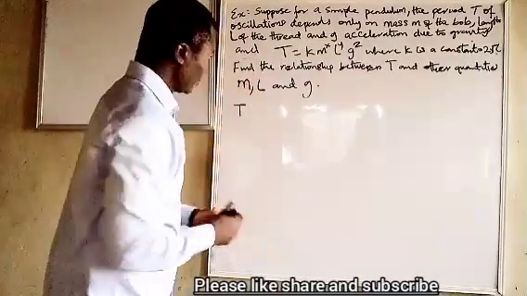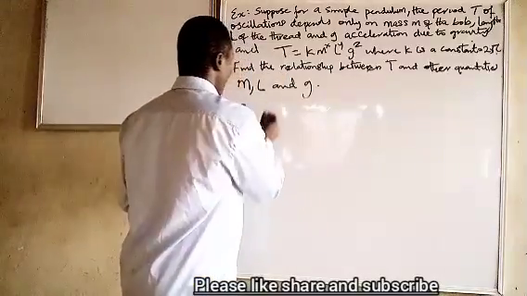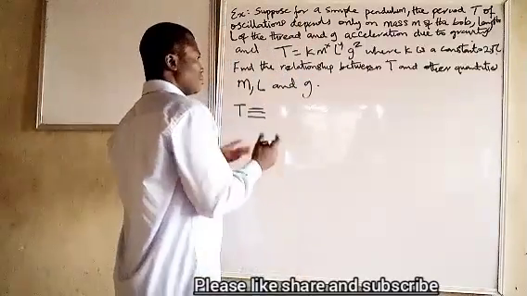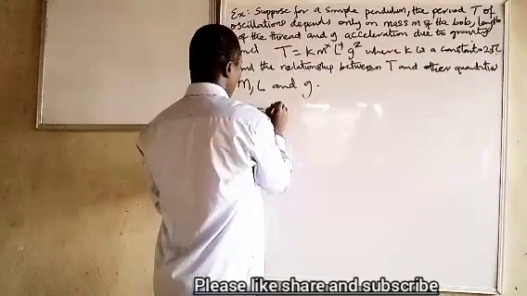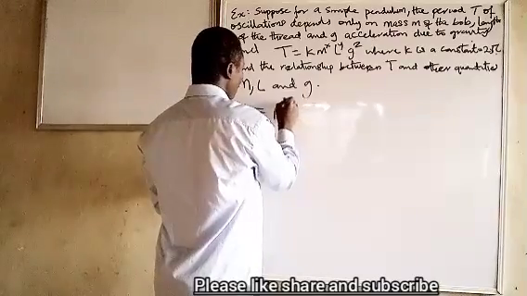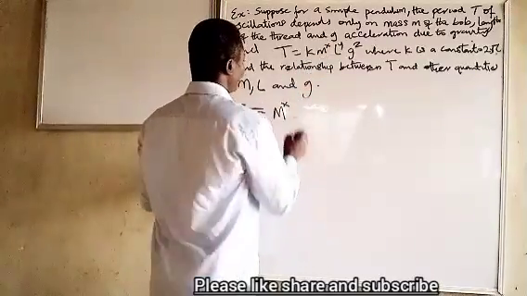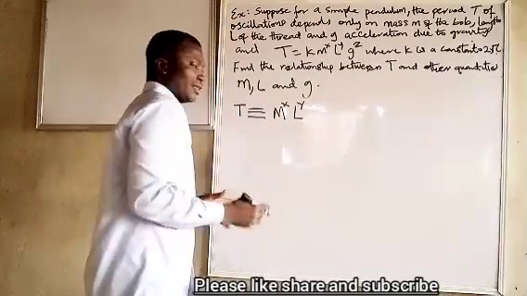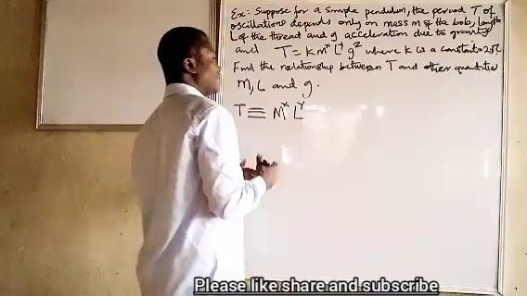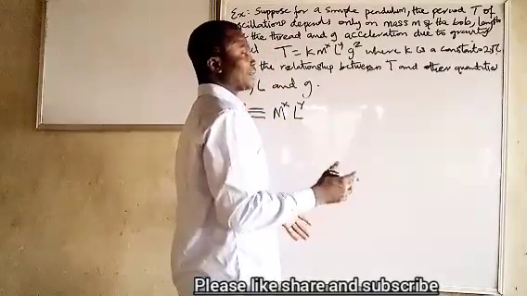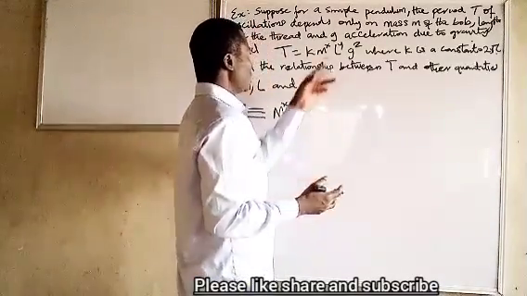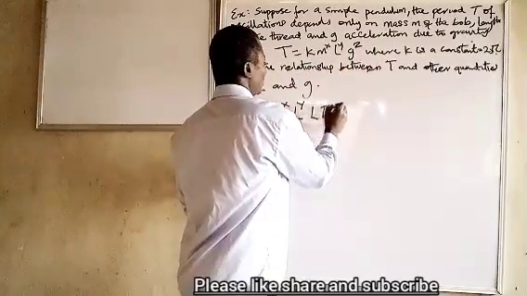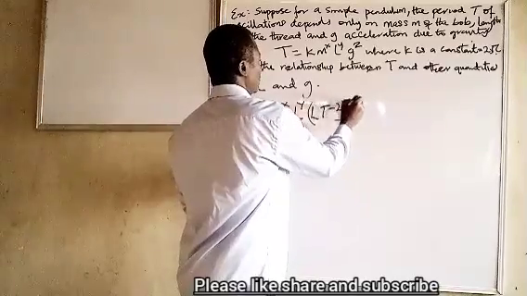T, you know that is period of time. K is a constant, so we don't need it. M, that is mass. L, that is length. G is acceleration, and the unit of acceleration is meter per second squared. So the dimension will be L T raised to power minus 2, to the power z.